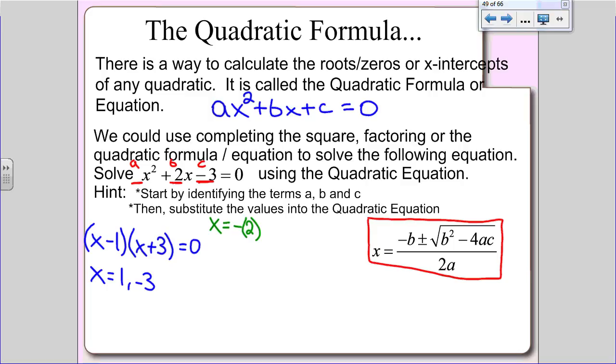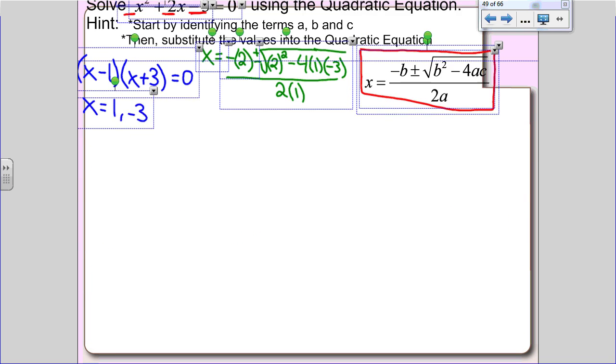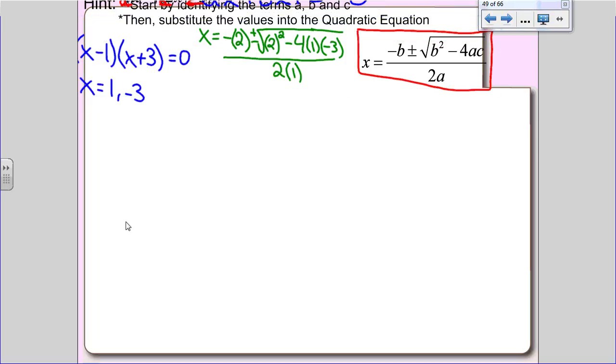Then it's plus or minus the square root of b squared, 2 squared, minus 4 times a, 1, times c, negative 3. All divided by 2 times 3. Actually works out better for me because we can run out of space. So you'll see anywhere I saw a letter, I changed it with the number that it connected with.